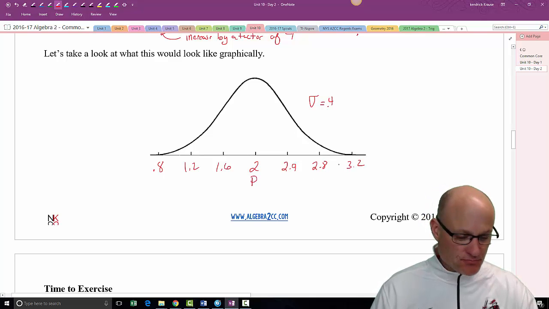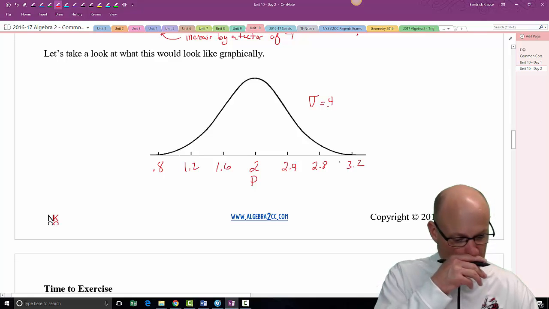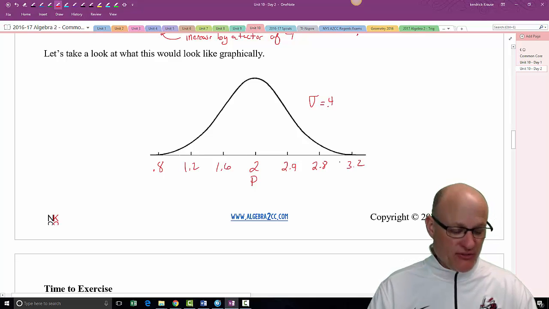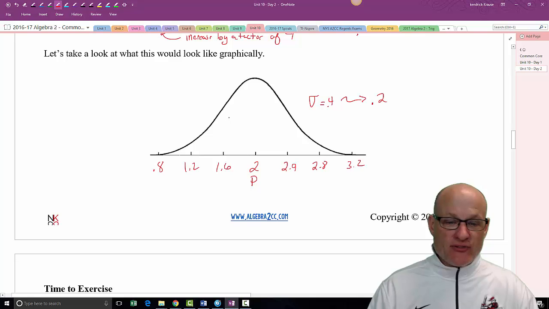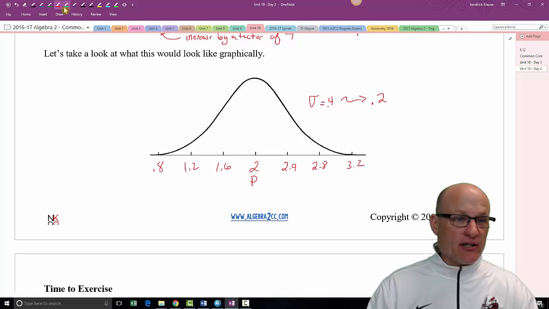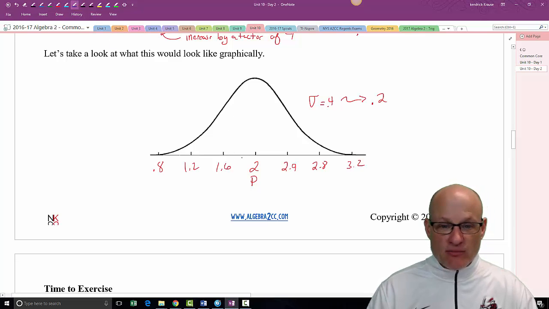Now, what would this standard deviation look like if my standard deviation went down to 0.2? Well, instead of my first standard deviation out here, my first standard deviation would be out here, at 2.2 and 1.8.